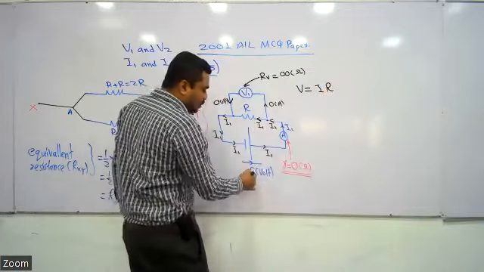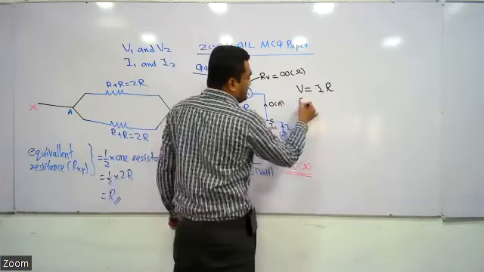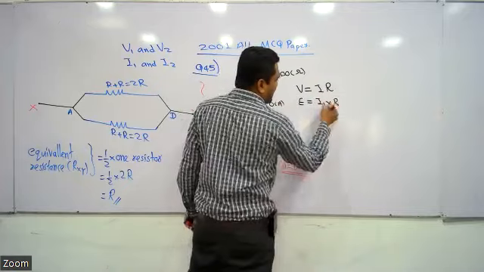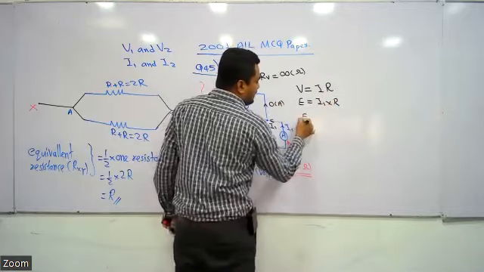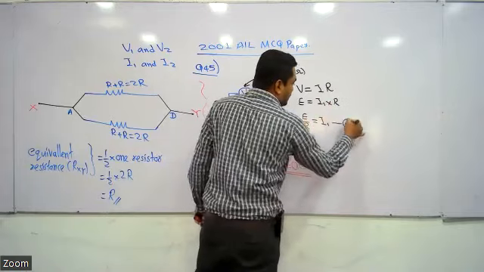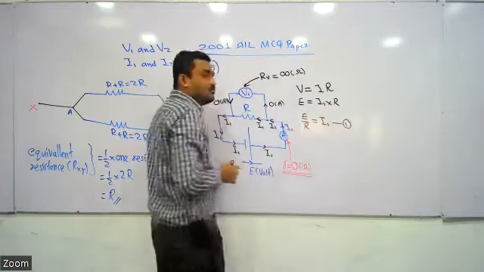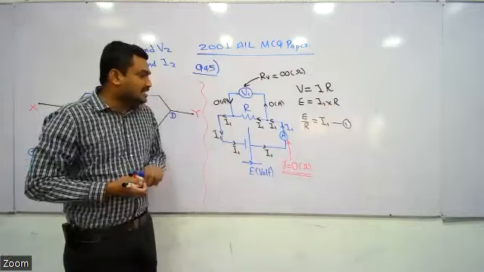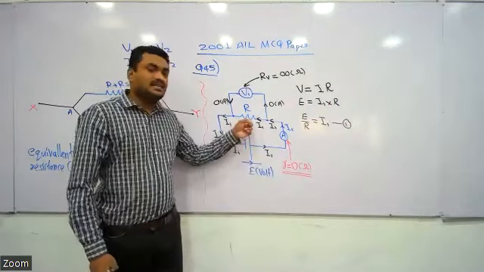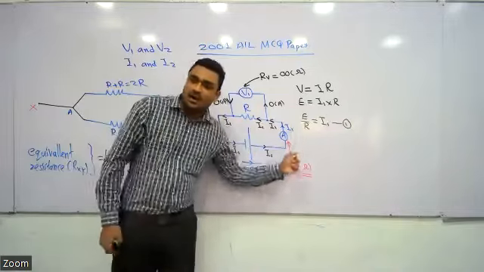The battery voltage is E, current is I1, resistance is R. If I take R to this side, E divided by R is I1. According to equation number 1, ammeter reading I1 is voltage of the battery divided by the resistance. It is simple Ohm's law.